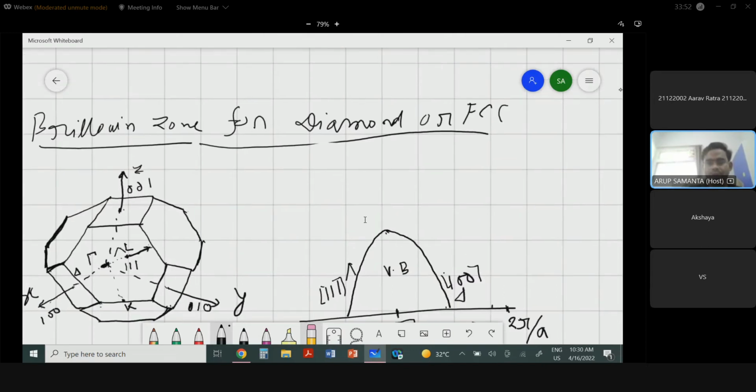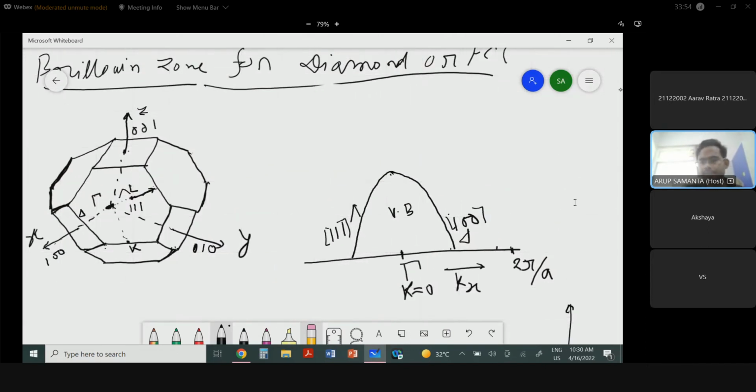Now you can find another two parts in the valence band direction. Here, minus 2 pi by a, you can consider one direction 2 pi by a. In this position, this is the L point.